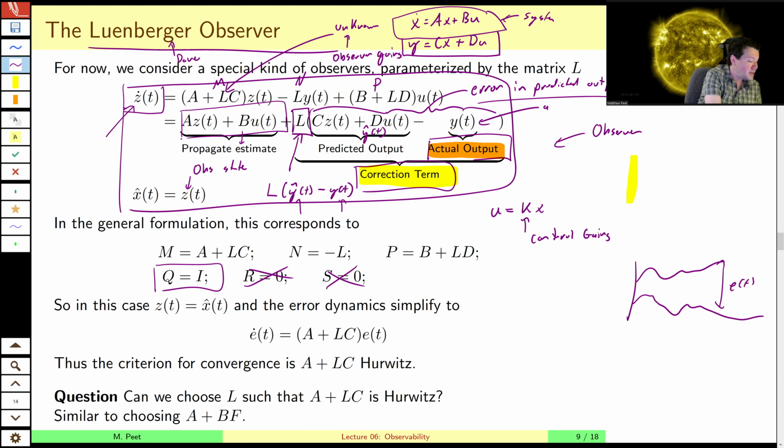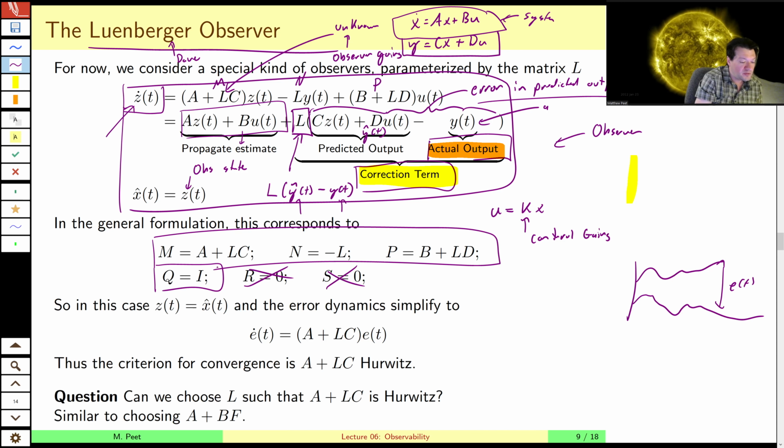Okay. So now we've taken those initial 6 parameters in our observer, and we've gotten rid of almost all of our flexibility except for this observer gain, which we have yet to determine how to choose.